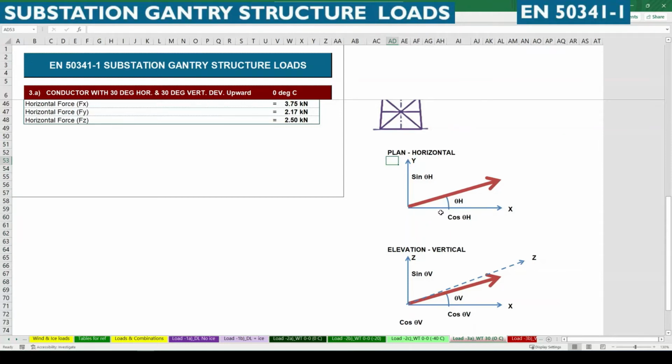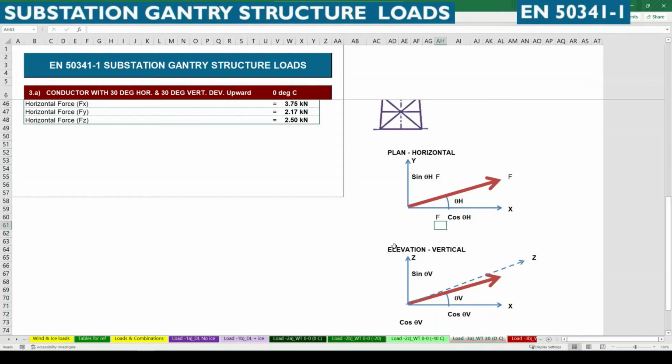Then for the x direction force, F should be multiplied with cos delta h. In the other transverse y direction, sin delta h is multiplied with F. This is the parallelogram theorem.